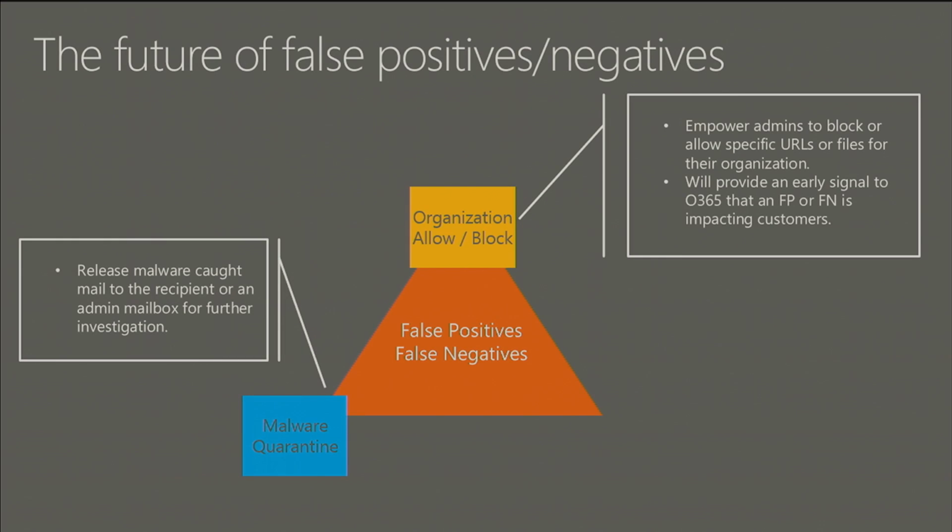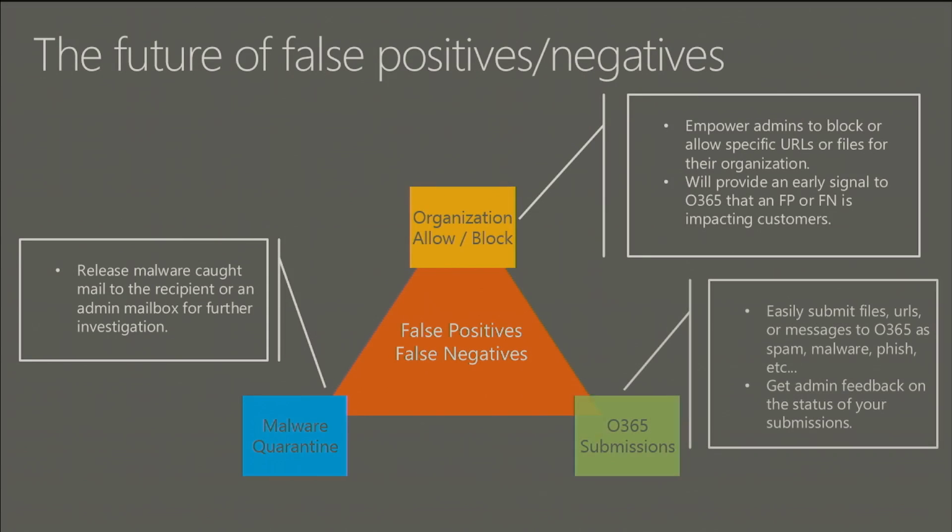We're also working on a malware quarantine. So if we block a mail because it's malware, you'll be able to go and actually release it to the user if we made a mistake and it's really a false positive, or you'll be able to release it to yourself and do additional investigation. And then we're also building a new submission experience that's just for O365.